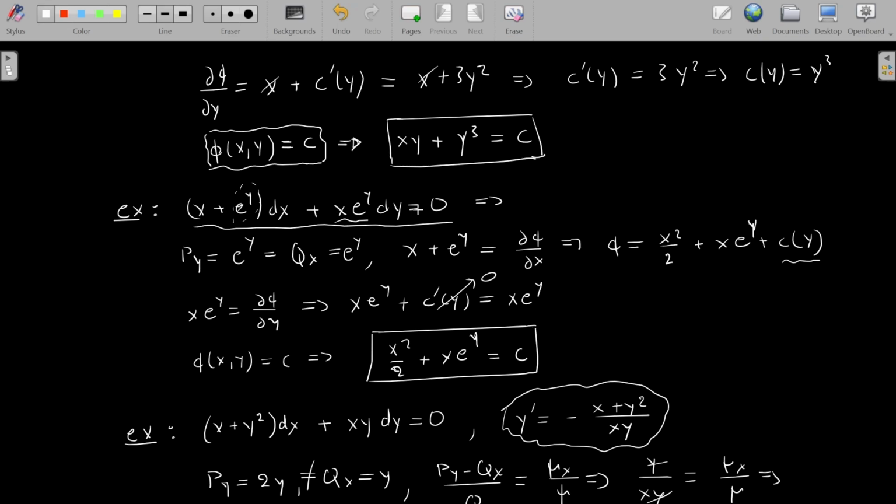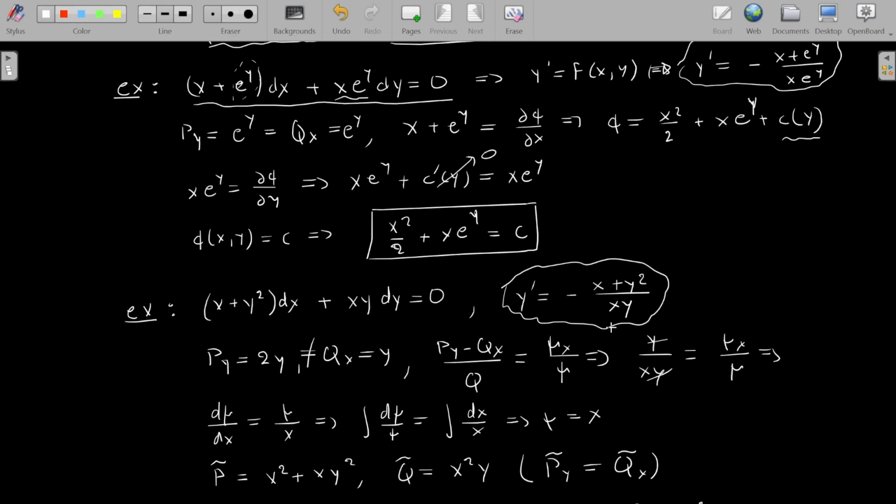I mean, go ahead and write this in this form, which is going to be y prime is going to be minus (x plus e to the y) over x e to the y, right? And it's not very easy to solve, especially with what we know thus far.